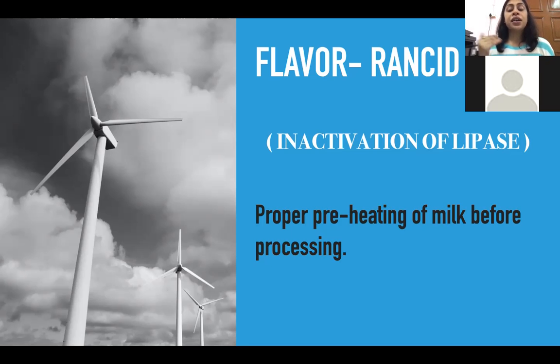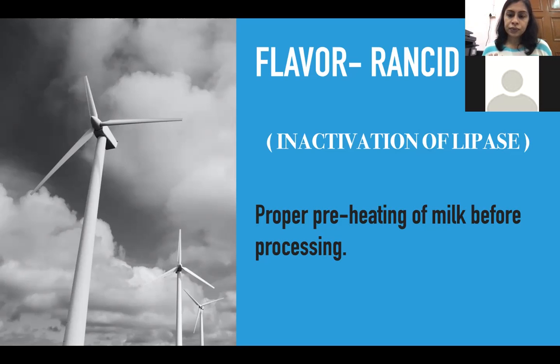As a result, rancid flavor develops. So the only way of overcoming this rancid flavor is by inactivation of the lipase enzyme, which is by proper preheating of milk before processing. We should always take into mind that we should at least heat the milk to 145 degrees Fahrenheit or 62.5 to 63 degrees centigrade before we process it. Clear?